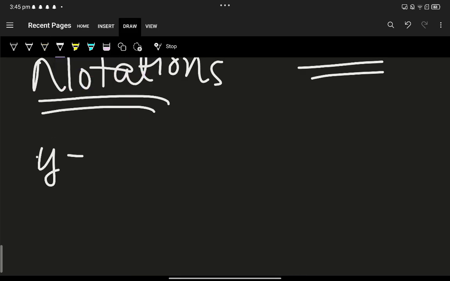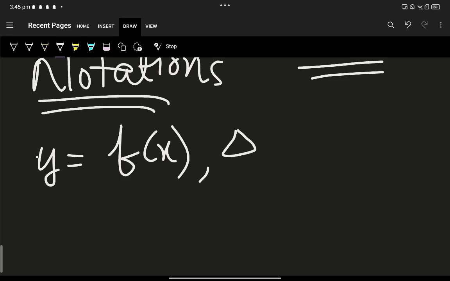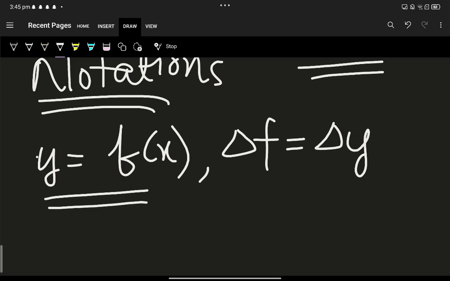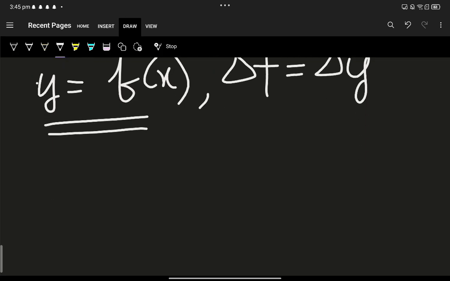if you write y is equal to f(x), then delta f can also be written as delta y, given y is equal to f(x).